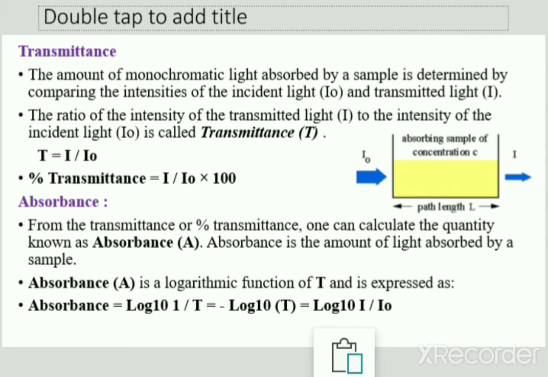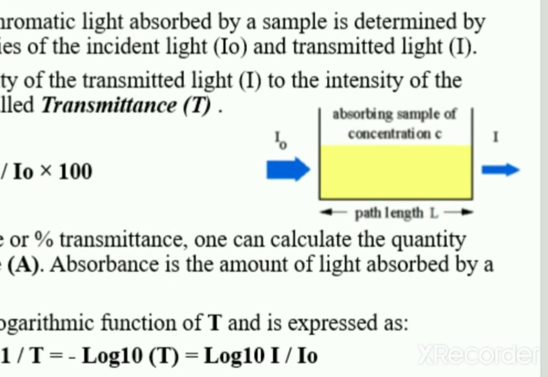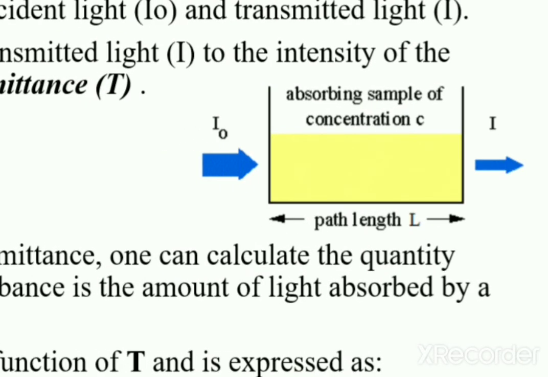So T is for transmittance. So there is a ratio between two different things. I is denoted for transmitted light, and I0 is for intensity of the incident light. So if you want to determine the percentage of transmittance, you can use I upon I0 into 100, and by that you can determine how much percentage of the transmittance.